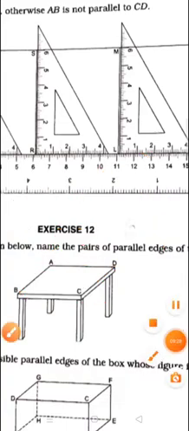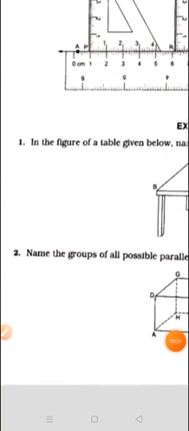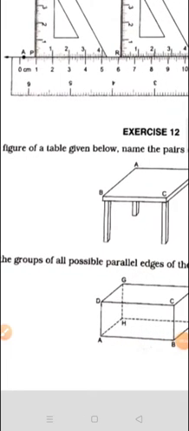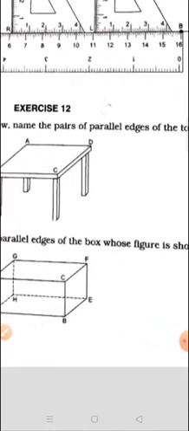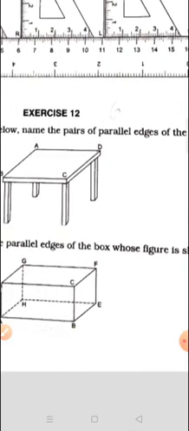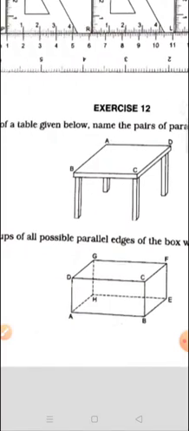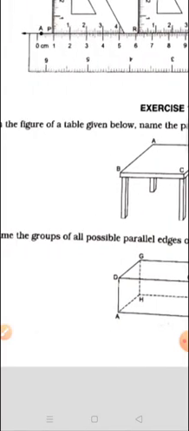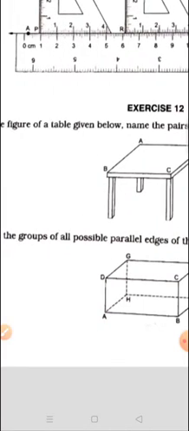Now, see question number 2. Name the groups of all possible parallel edges of the box whose figure is shown below. You have to write all the groups of parallel edges.